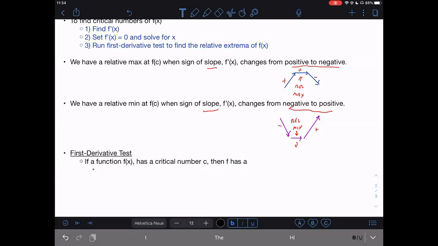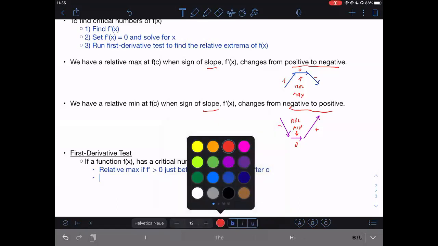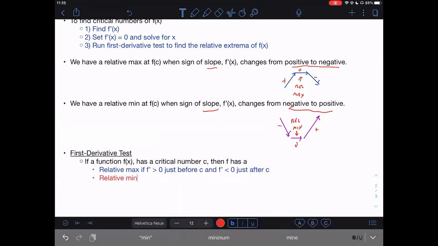It either has a relative maximum if the first derivative is positive just before hitting that critical number and then becomes negative right after passing it, or it has a relative minimum if the slope is negative before hitting that critical point and then becomes positive right after it.